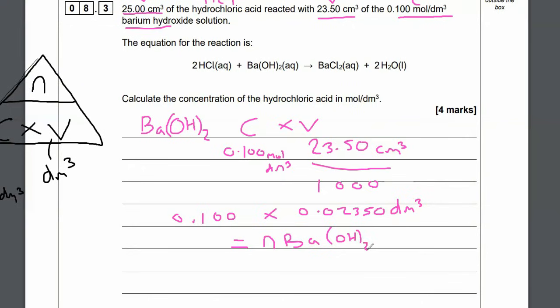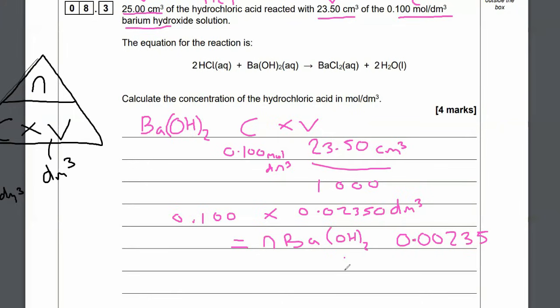So we've got the barium hydroxide moles, and the moles of barium hydroxide are going to be 0.00235, or 2.35 times 10 to the minus 3 on your calculator, but that's essentially what it equals.